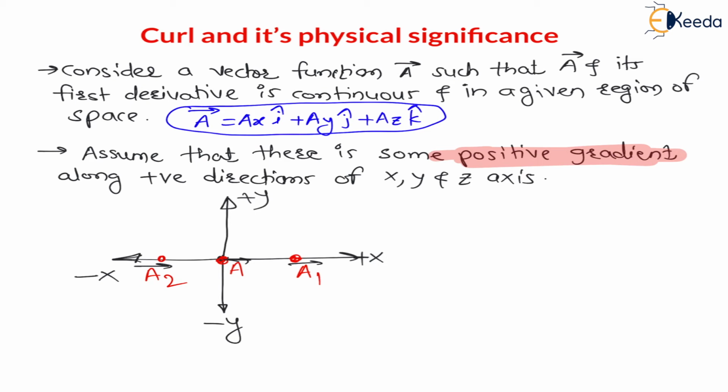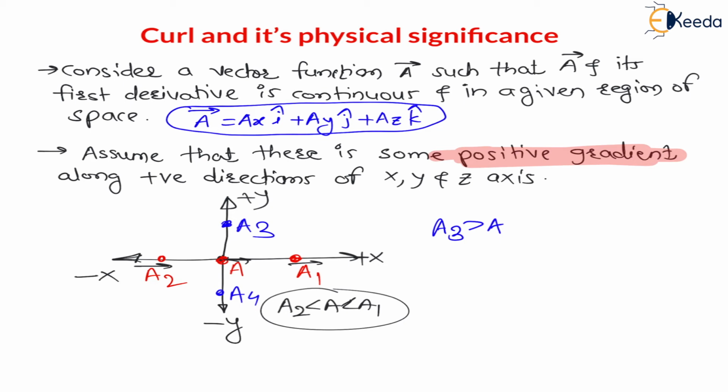Along the negative x-axis it is decreasing, meaning a2 is less than a is less than a1. Similarly, take another vector field at 3 and at 4. As I go up, it is the positive direction, therefore a3 will be more than a. As I go downward, it is the negative direction, so this vector field also decreases, therefore a4 is the minimum here.